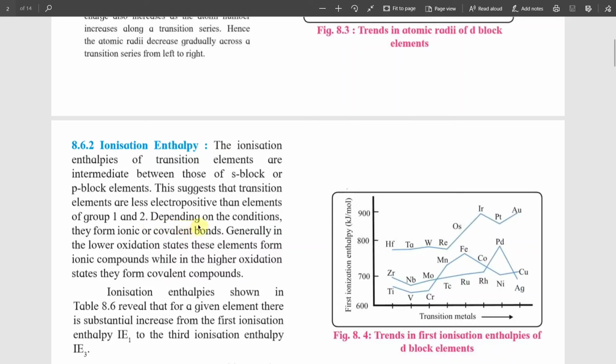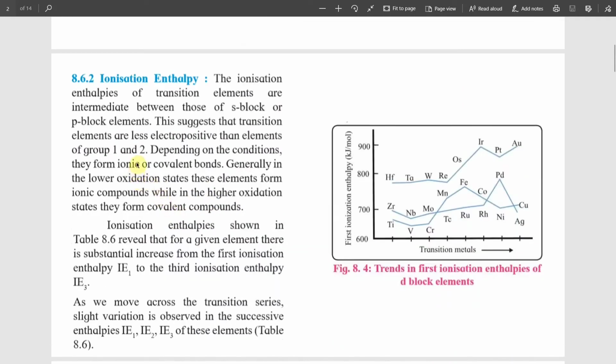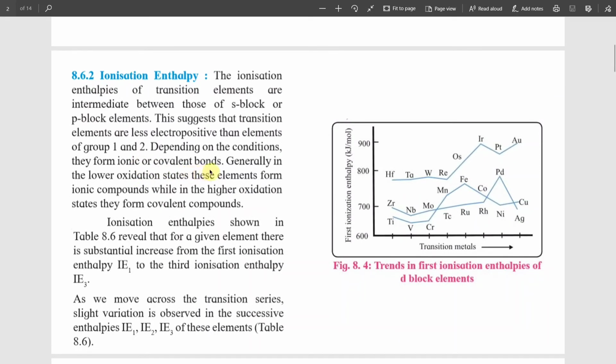This suggests that transition elements are less electropositive than the group 1 and 2 elements, depending on the condition of ionic and covalent bond.